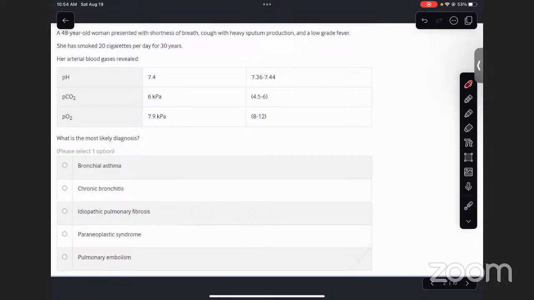So this is also type 2 respiratory failure. Okay, you can see there are 5 options here. Asthma is associated with type 1 respiratory failure, chronic bronchitis type 2 respiratory failure, fibrosis type 1, paraneoplastic syndrome also type 1, and pulmonary embolism is type 1 failure. So the answer will be chronic bronchitis.